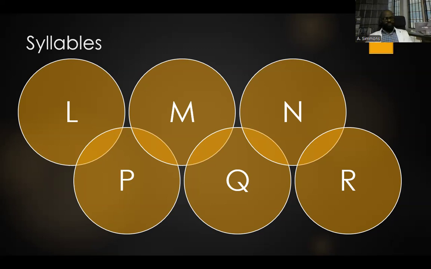But the R is just one of those. Ra, re, ri, ro, ru. I think I'm adding 2 and 3. It's just one of those. Ra, re, ri, ro, ru. If you add 1 or 2, maybe 2 or 3, it adds a little flavor, but it ain't necessary.